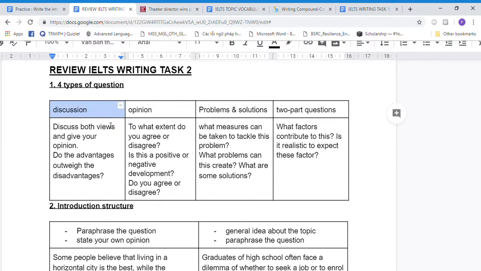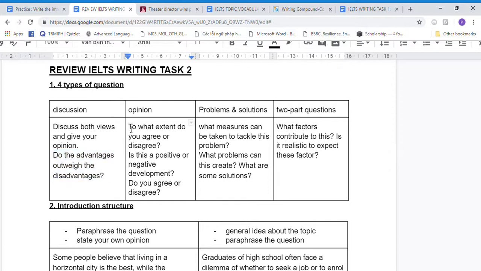Discussion questions. The sign of discussion question is like this. If the question has the word discuss, then it must be a discussion question. If the question asks you, do the advantages outweigh the disadvantages, then it would be a discussion question too.